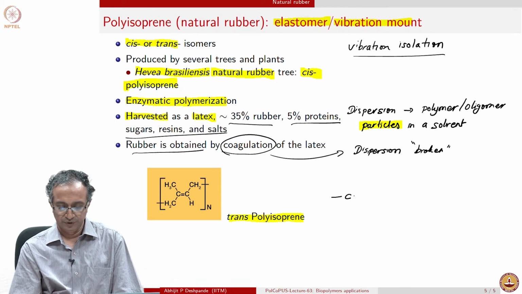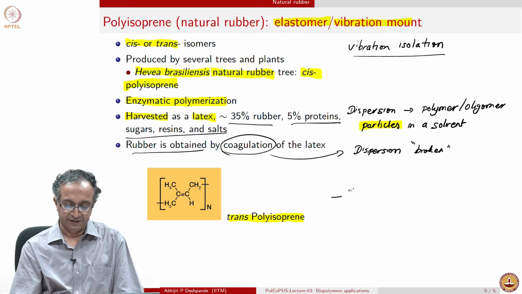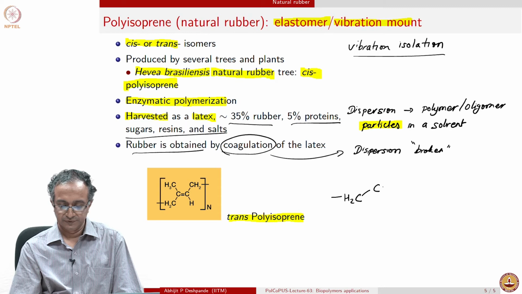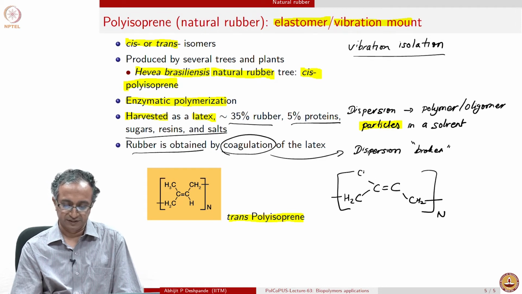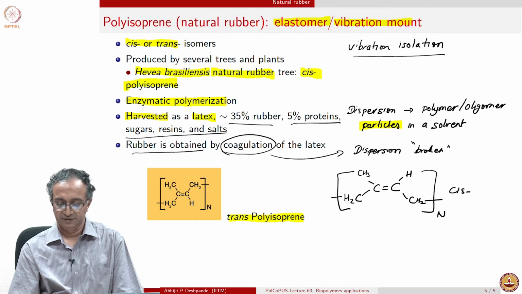So, just to draw this, if we have this H2C, C, and then of course, if you remember from your earlier knowledge, this CH3 group and then this is H. So, this is an example of cis polyisoprene.